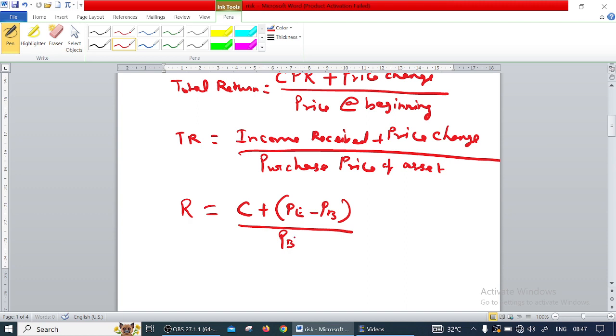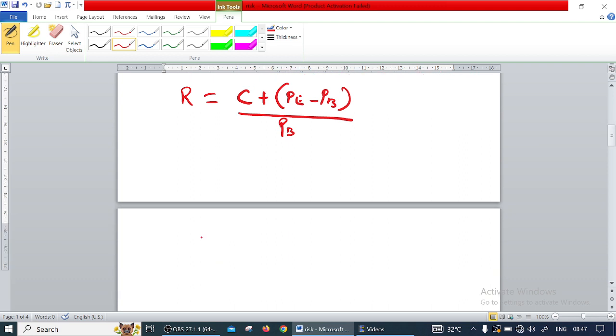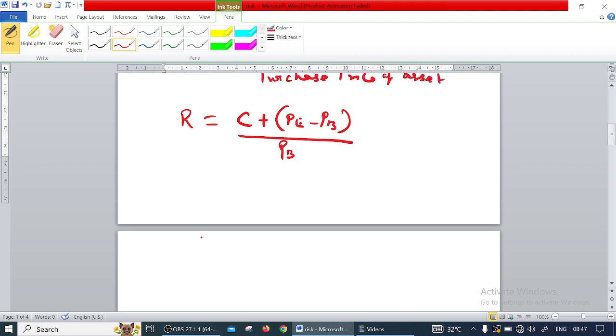So here, dear students, please write down: R is the total return over the period. C is the cash payment received during the period.